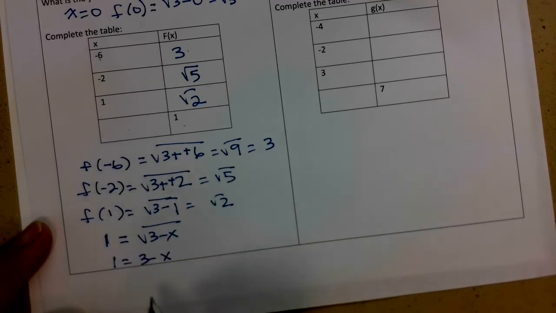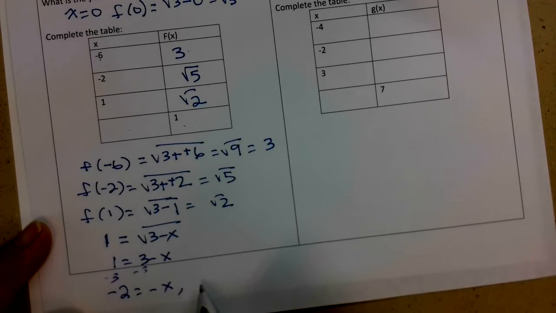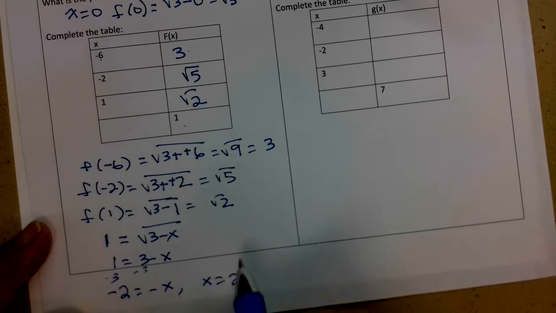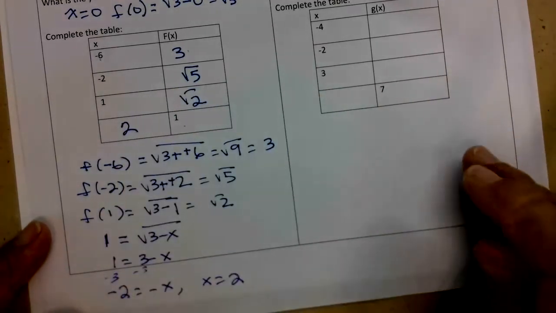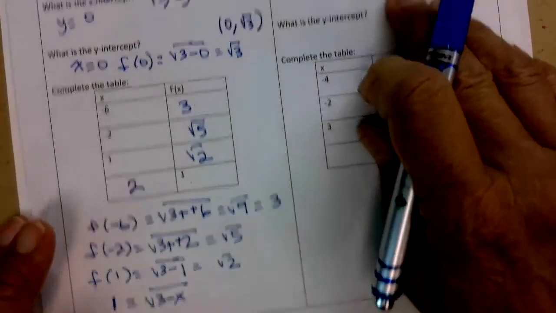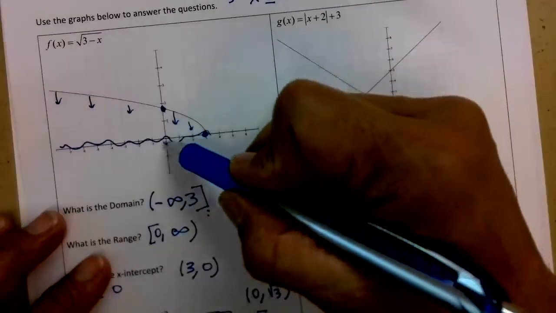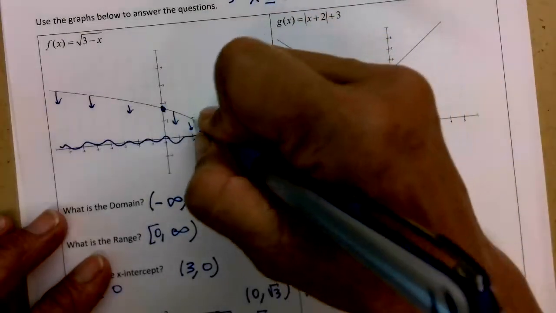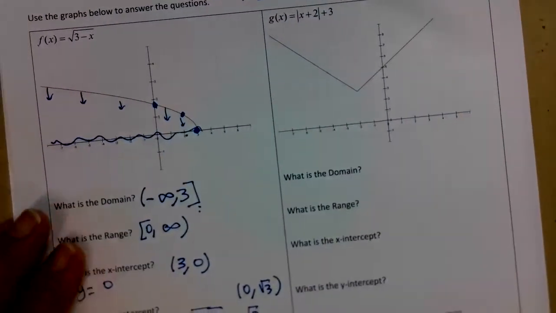And then, let's see, let's subtract 3. So negative 2 equals negative x. Multiply both sides by negative 1. So x equals 2. Oh, that's a nice number. That should be on our graph. We should be able to find the point (2, 1) on the graph. Let's just make sure. X equals 2 and y equals 1. Yep, it is there indeed.